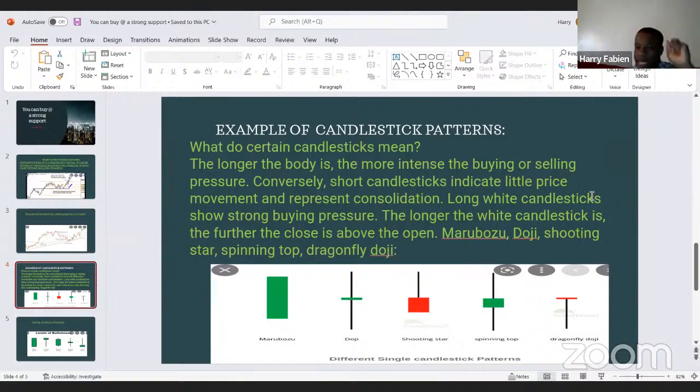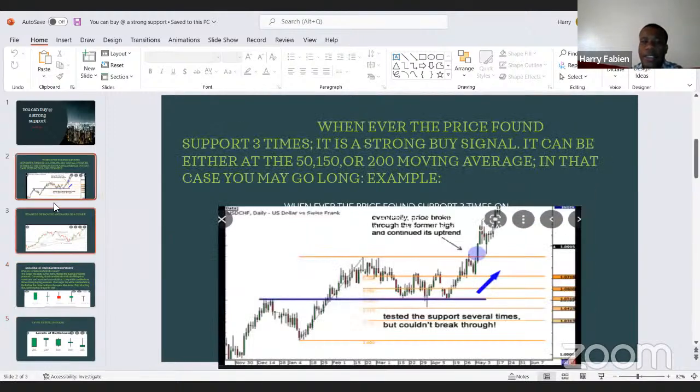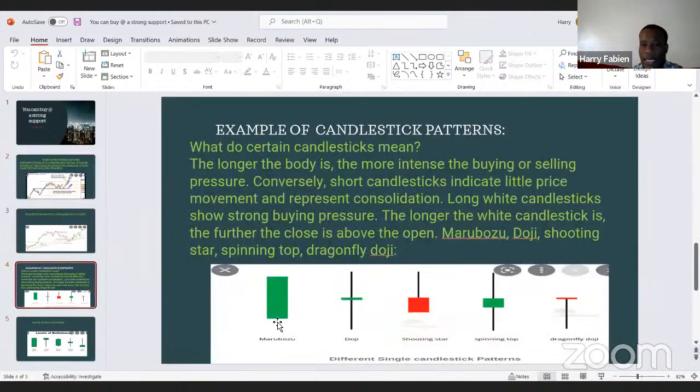Long white or green candlesticks show strong buying pressure. The longer the white or green candlestick is, the further the close is above the open. So I'm going to show you some of their names.